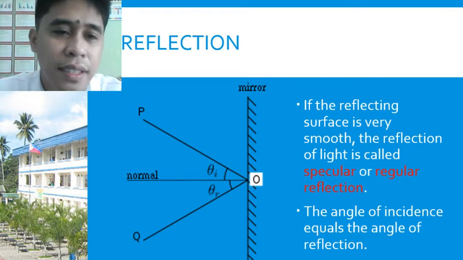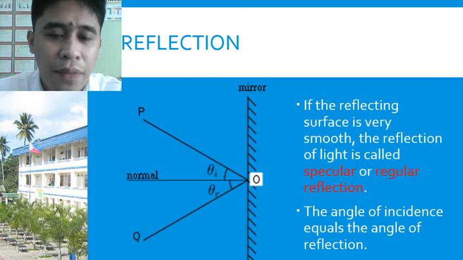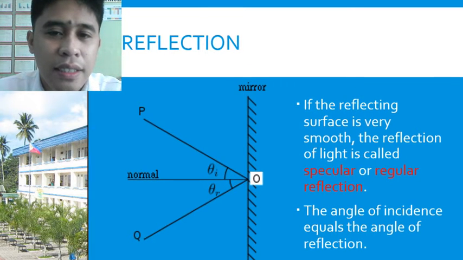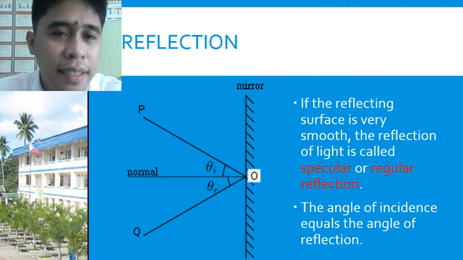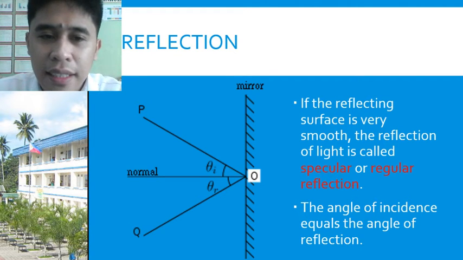Whenever a reflecting surface is smooth, light rays are reflected regularly. The reflection of light always follows the law of reflection, which says that the angle of incidence equals the angle of reflection.